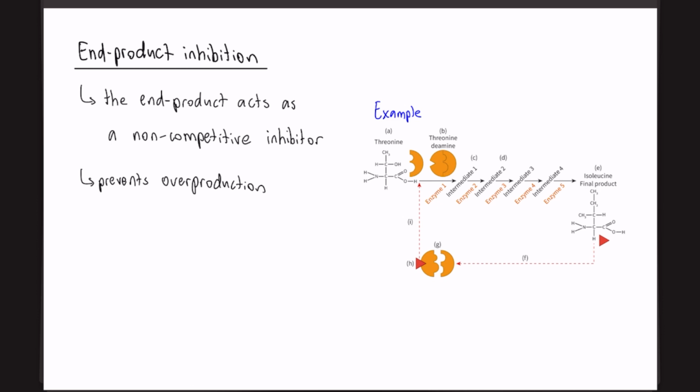And here, when the end product acts as a non-competitive inhibitor at the first stage of production, it can prevent an overproduction of certain molecules. The example shown on the left is of the case of isoleucine, which is an essential amino acid. And in this case, when enough of it is produced, the isoleucine molecules can non-competitively inhibit the enzyme that produces them, and this therefore helps regulate the amount produced.